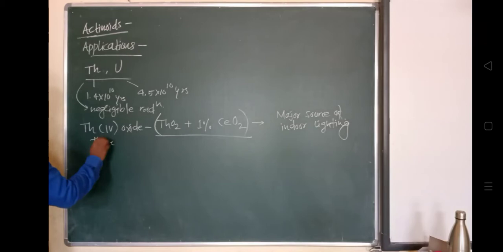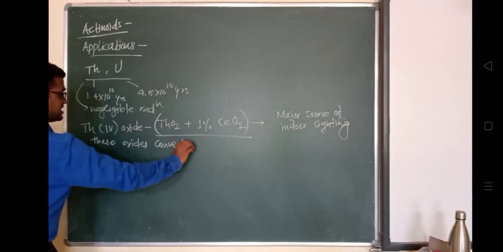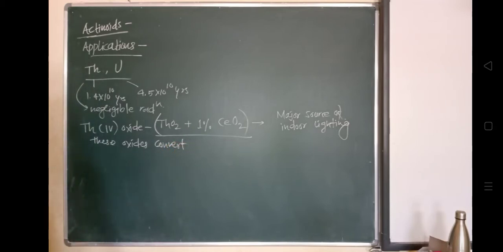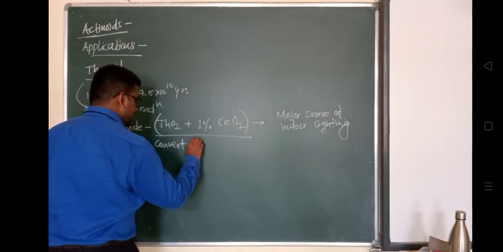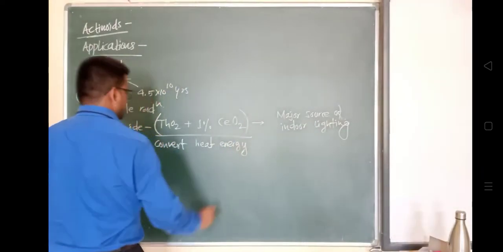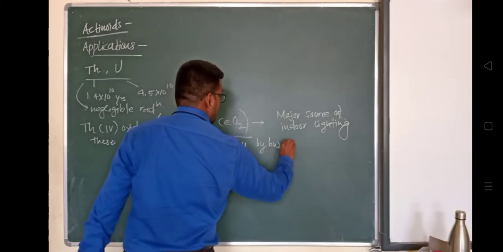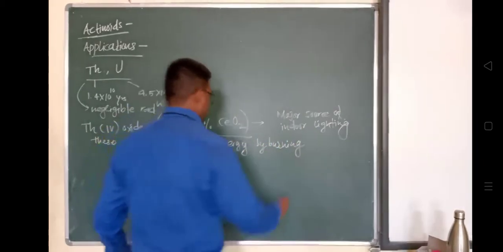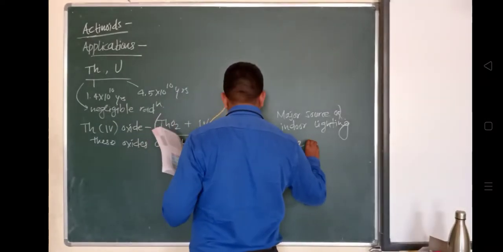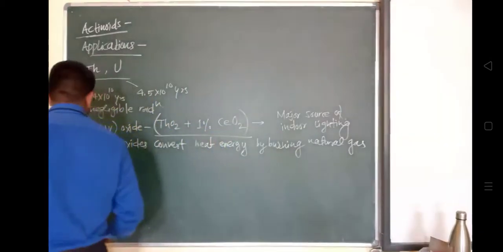These oxides convert heat energy from burning natural gas into light energy, that is, intense, high intensity light.